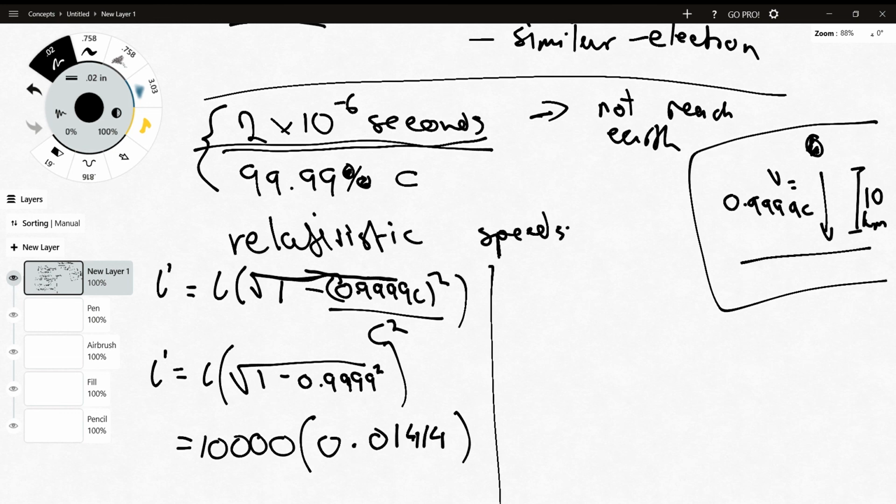There's a relationship between length contraction and time dilation. And what we find is 10,000 times 0.01414 equals 141.4 meters, our contracted length.